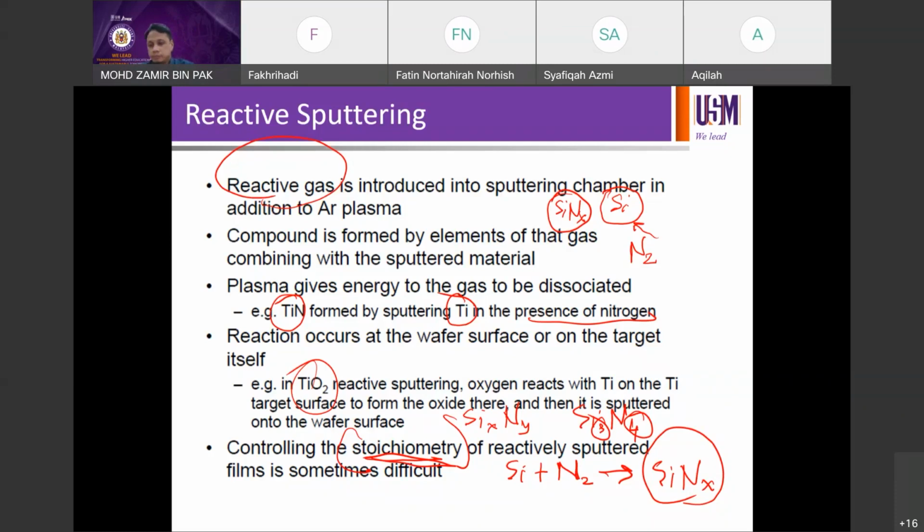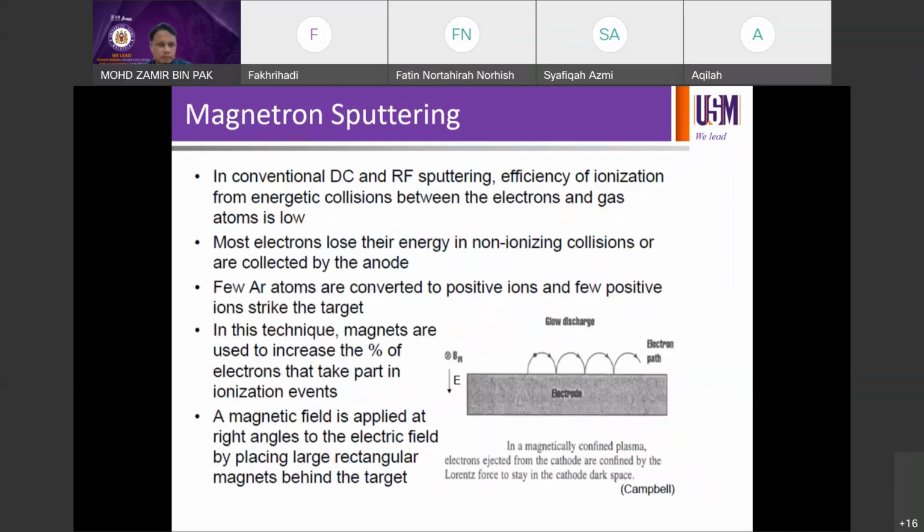Ada lagi ke? Other example other than TiO2 reactive sputtering? Have you found anything else? Okay. Al target plus oxygen jadi alumina, aluminium oxide. Okay, alumina. Al2O3, right? So that's another example. Ada lagi ke?